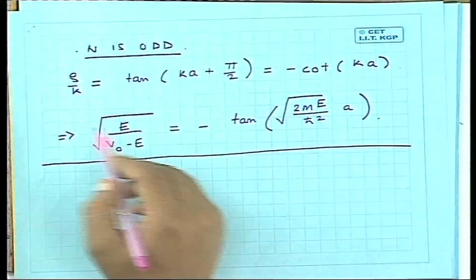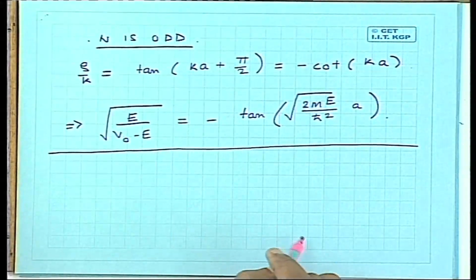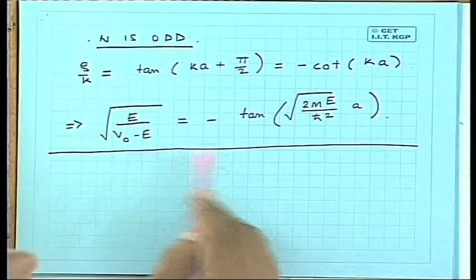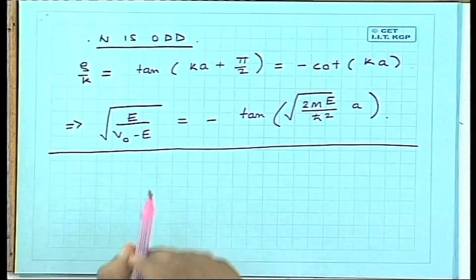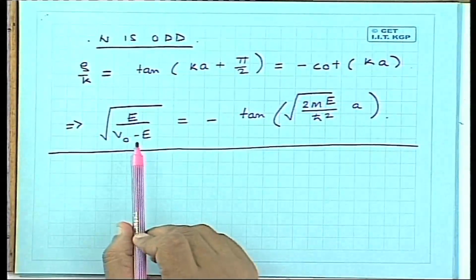If it is odd, it has to satisfy this relation. So there may be many solutions for E, some of them for the even case, some for the odd case. You find out all possible solutions. These are all possible values of energy which you can have, and then you can work out the wave function for all these possible values of energy.